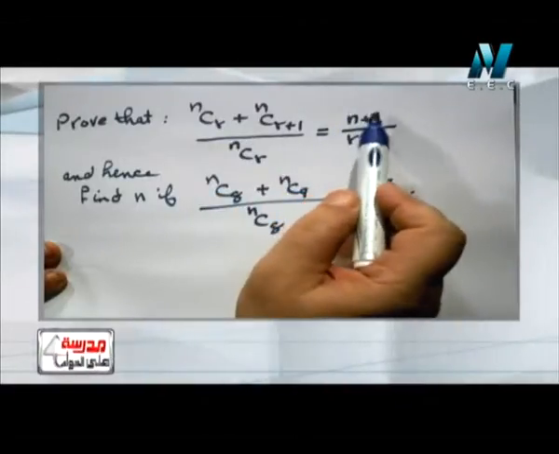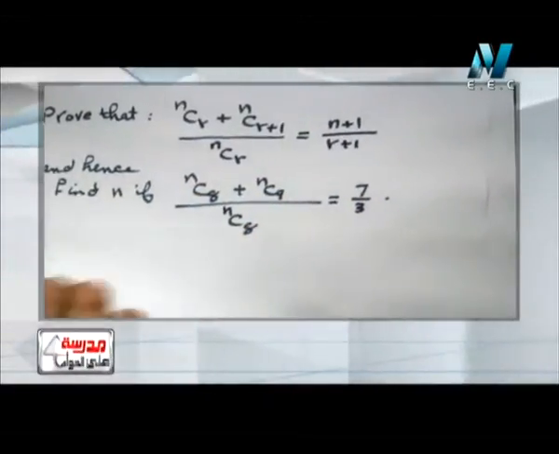Now, firstly, you have to get the proof. To get the proof, we take the left-hand side, (nCr plus nCr+1) over nCr.